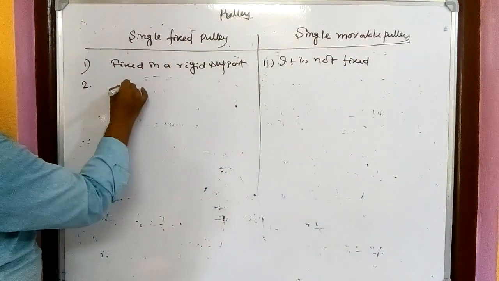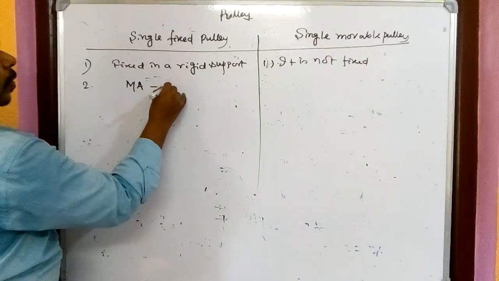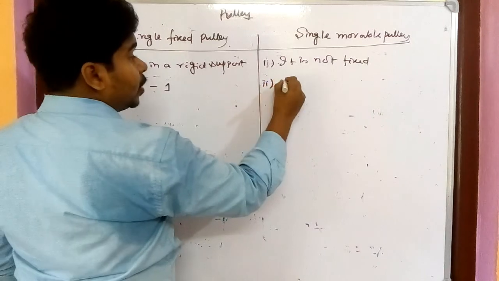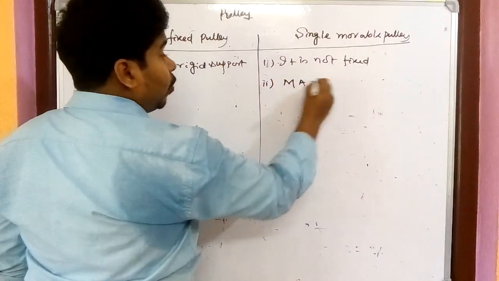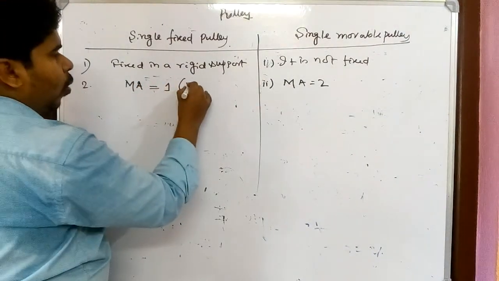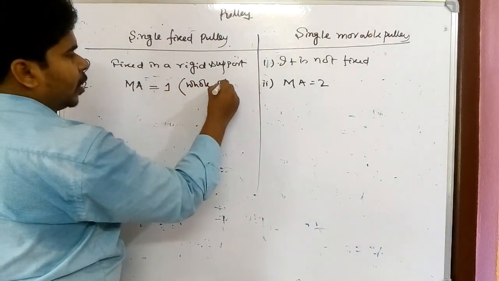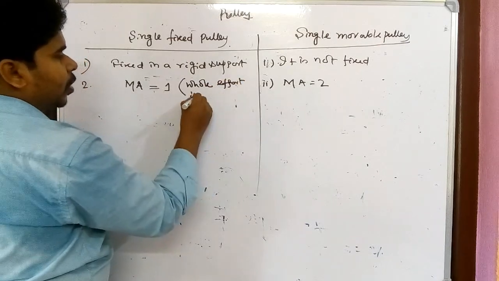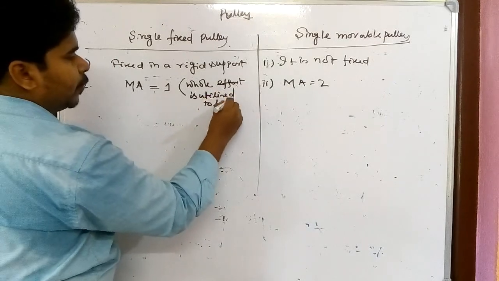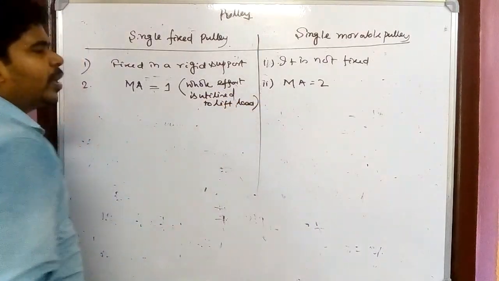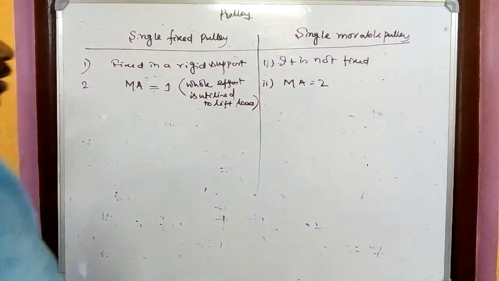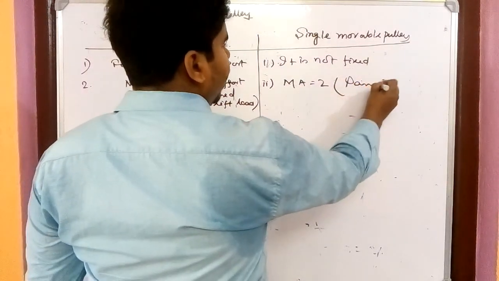Here we have seen that mechanical advantage is equal to 1, but here the mechanical advantage is equal to 2. And one thing we have to mention whenever we write this, that whole effort is utilized to lift the load. Otherwise we cannot mention that mechanical advantage is 1 or 2. Here also we have to write the same thing.